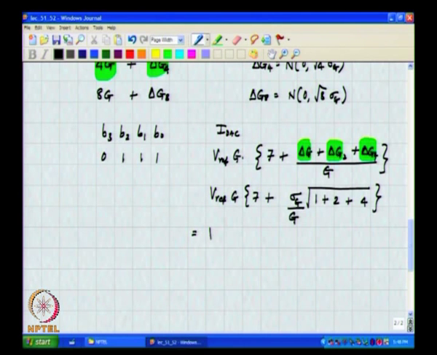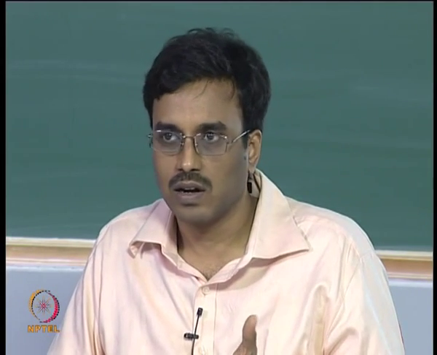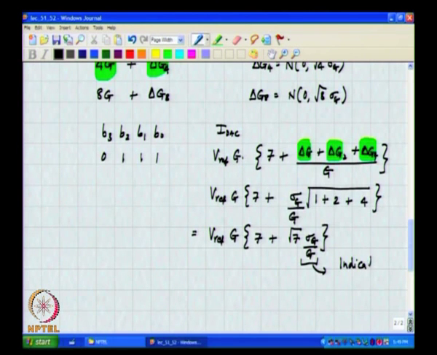Which is Vref times G times 7 plus square root of 7 times sigma G by G. Please note that the sigma G by G is a number which is dimensionless and is an indicator of how well matched the conductances or resistors are, right. So, this is an indicator of matching. All right.